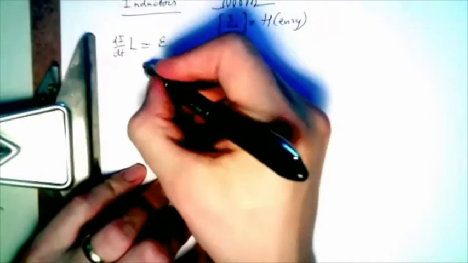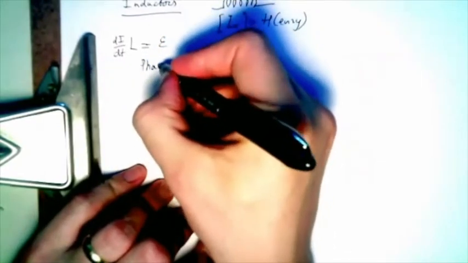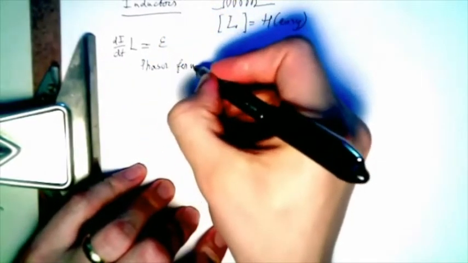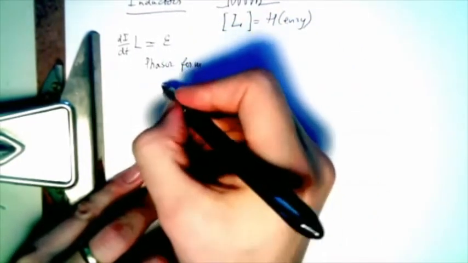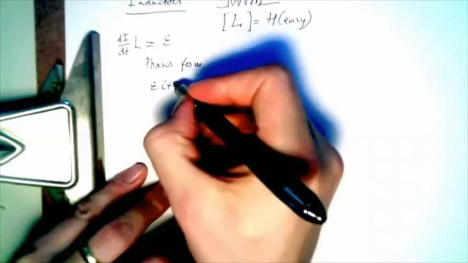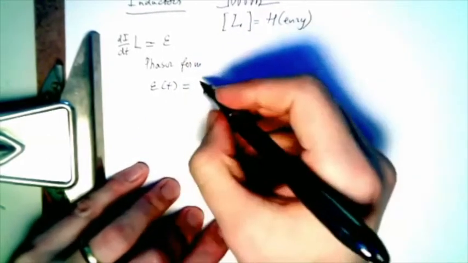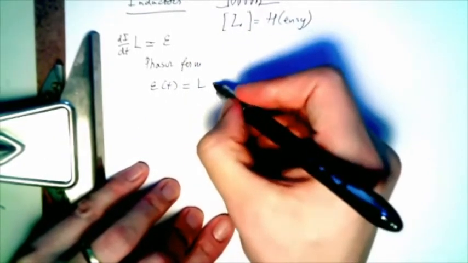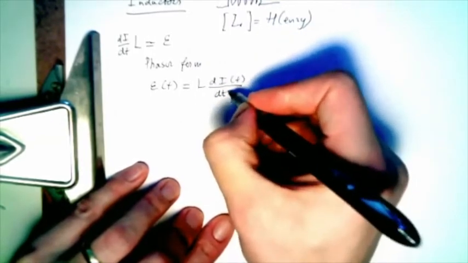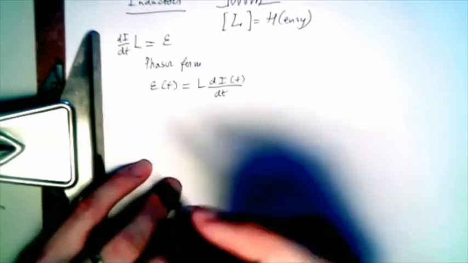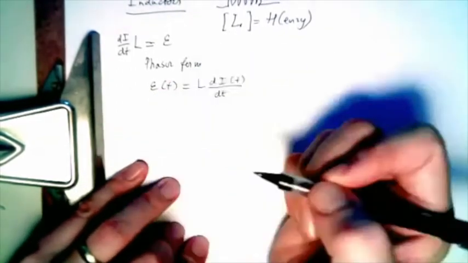Now, what's the phasor form? So this is the real form, right? So in phasor form, I want to write it very explicitly. E of t is L di/dt, and I'm going to write this explicitly as a time dependence. Now I'm going to go to phasor form.